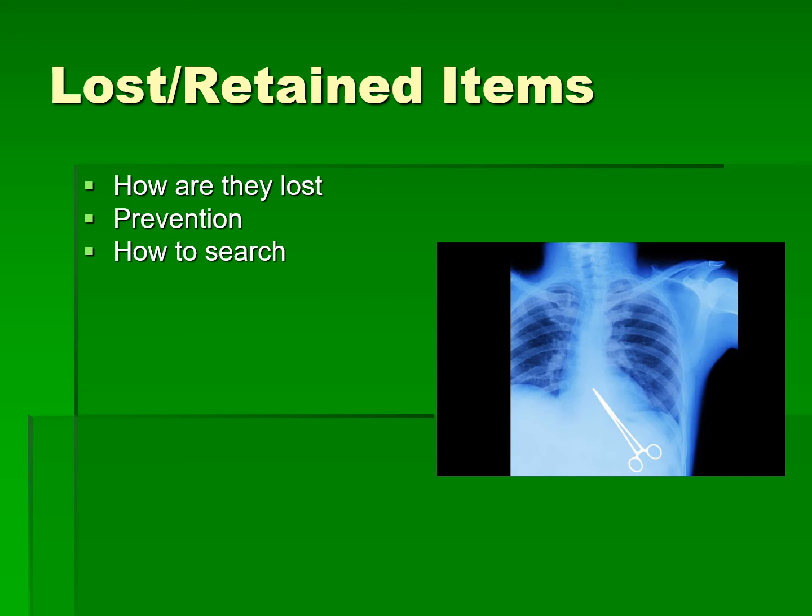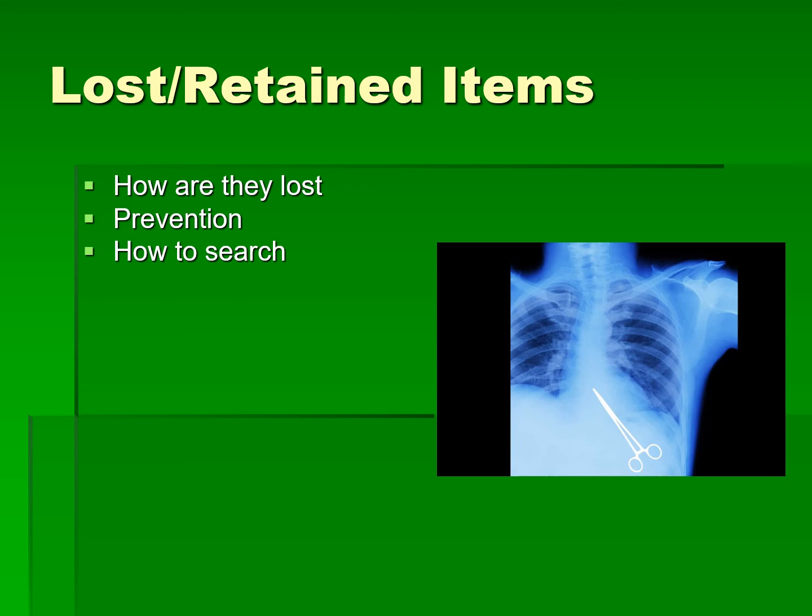All right, so how do we search for a lost item? If we do a count of the Raytex, let's say, and we only come up with 9. Remember, there's supposed to be 10. So let's say we count 9. The first thing that you want to do is just assume that it was your own counting mistake and count again. Okay, if you count a second time and you're still coming up with 9, then you want to start looking around.